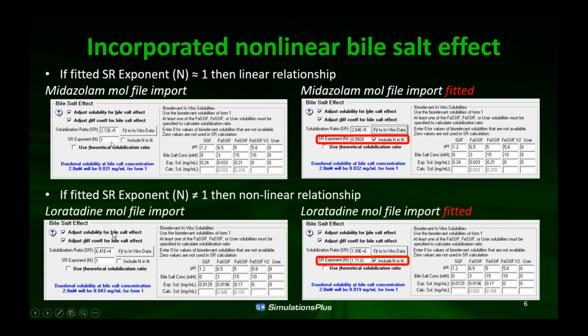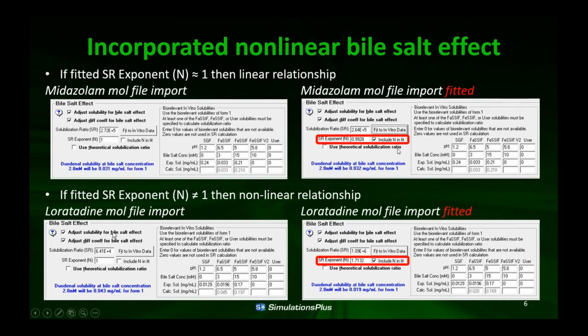During the import structure process, the model will automatically fit a linear model, so this solubilization ratio is fitted with the exponent equal to 1. We find that with just a linear model, the calculated solubility is very close, essentially the same, compared to the experimental solubility.